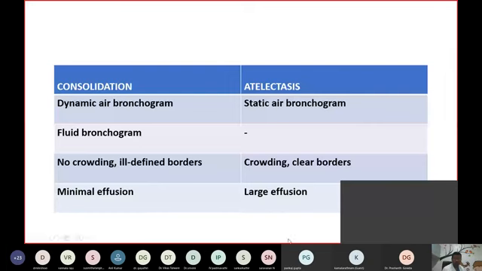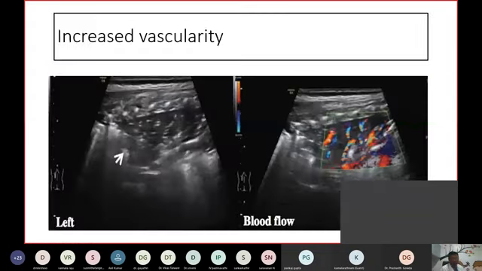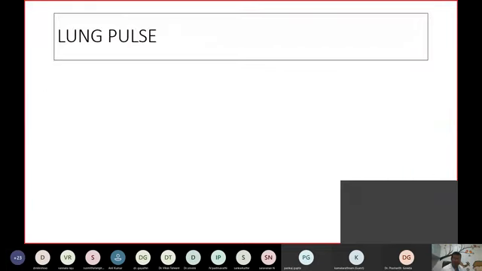Another thing you see in pneumonia or consolidation in lung ultrasound: you put a Doppler over there, and you can see increased vascularity of the tissue. And as I said, you will see a lung pulse. We already discussed what a lung pulse is.